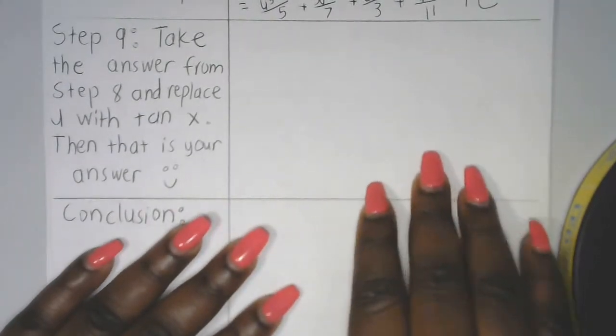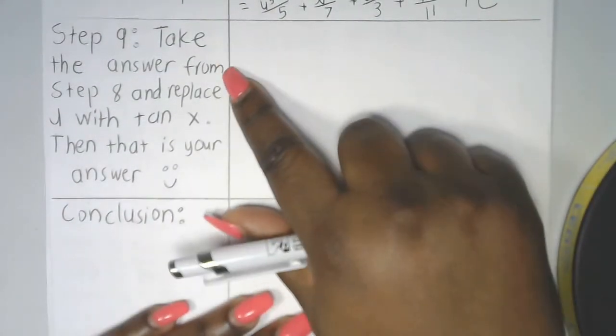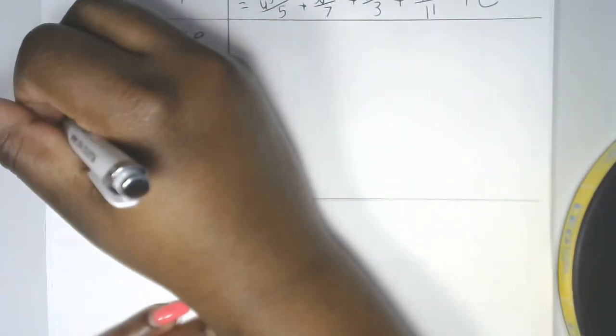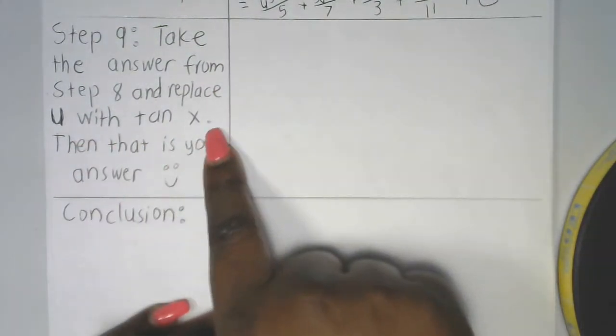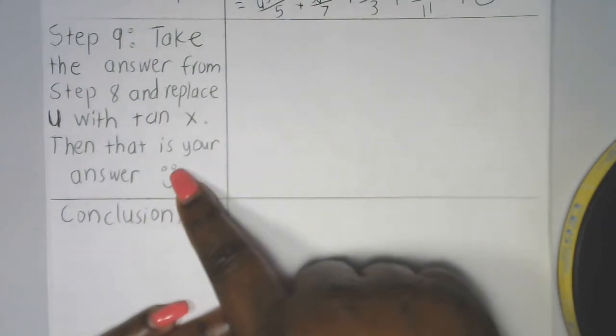All right, so for step 9, we're going to take the answer from step 8 and replace u with tan x, and then that's your answer. And I put another smiley face just because.